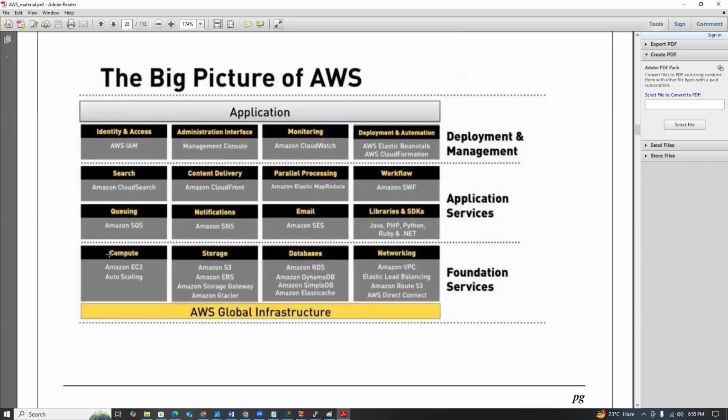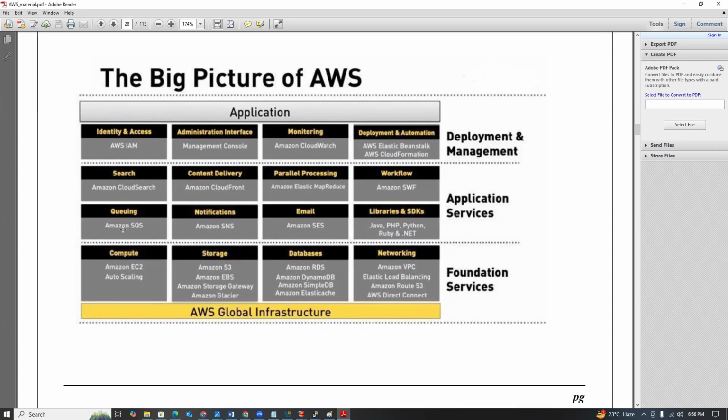In compute, there is EC2 and auto scaling. In storage, S3, EBS, Amazon Storage Gateway, and Amazon Glacier. Database: Amazon RDS, Amazon DynamoDB, Amazon SimpleDB, Amazon ElastiCache. Networking: Amazon VPC, Elastic Load Balancing, Amazon Route 53, AWS Direct Connect. What are the application services?